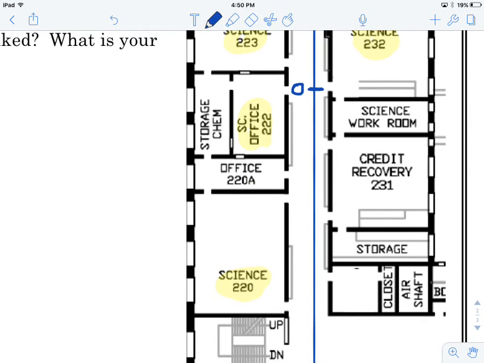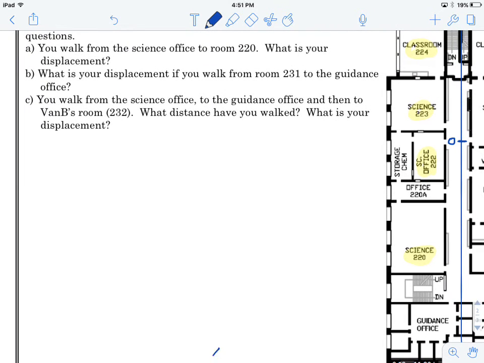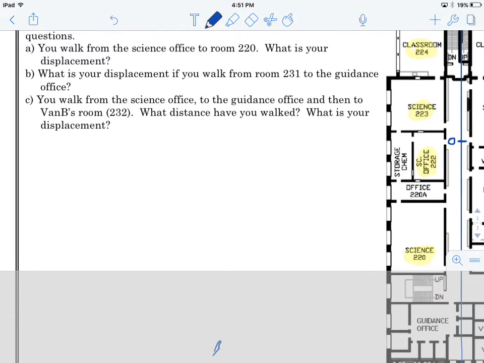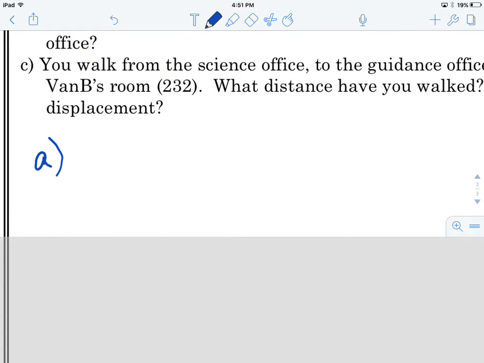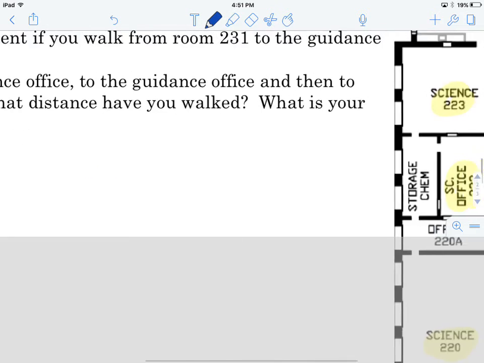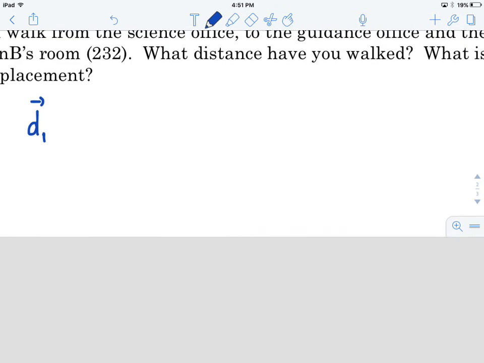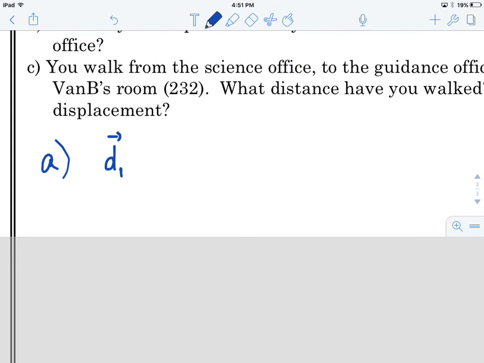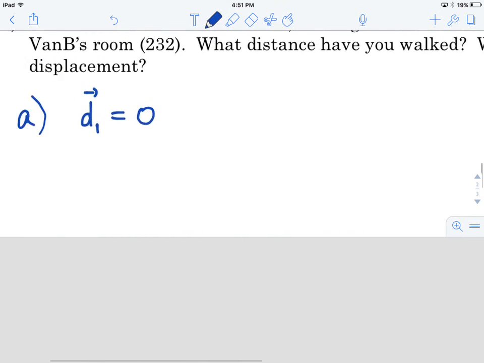Okay, and so in part A, we have a couple things that we need to know. First of all, our position 1 is at the science office. And relative to our coordinate system, our position initially is equal to 0, right? Because that's where we are. Our position relative to the axis is right here. Well, we're at 0. So that's our first position, okay?